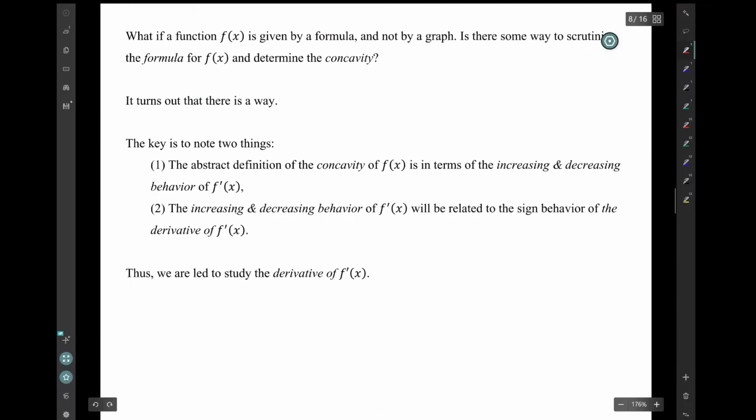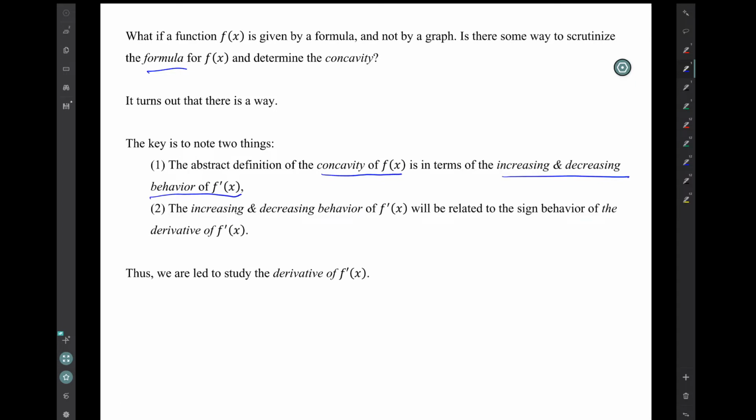Let's go on. Now, what if a function f is given by a formula, not by a graph? Is there some way to scrutinize the formula for f of x and determine the concavity? Well, it turns out there is a way. The key is to note two things. Remember that the abstract definition of concavity of f of x is in terms of the increasing and decreasing behavior of f prime.